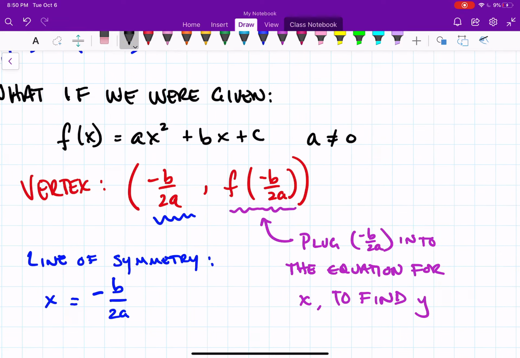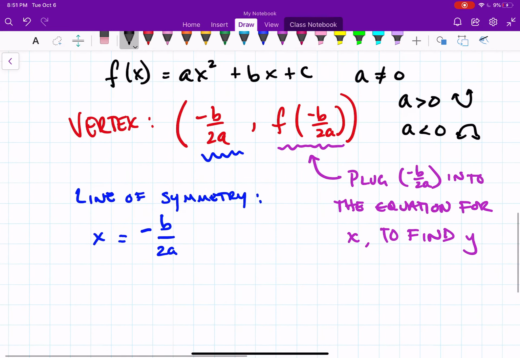And the same thing happens here, guys. Yes, a can't equal 0, but at the same time, if a is greater than 0, then I'm smiling. And if a is less than 0, then I'm frowning. Same idea there too.